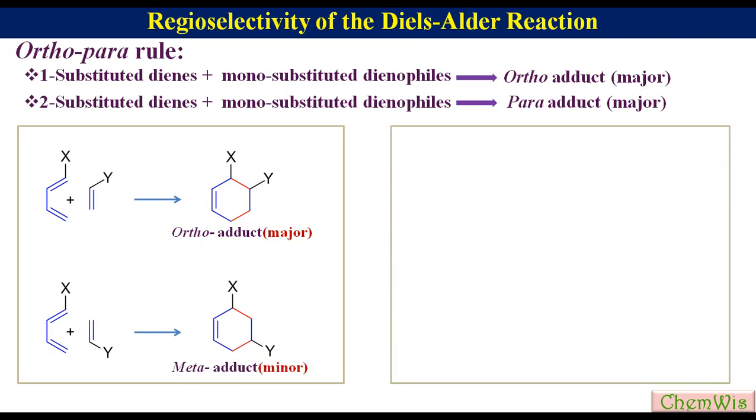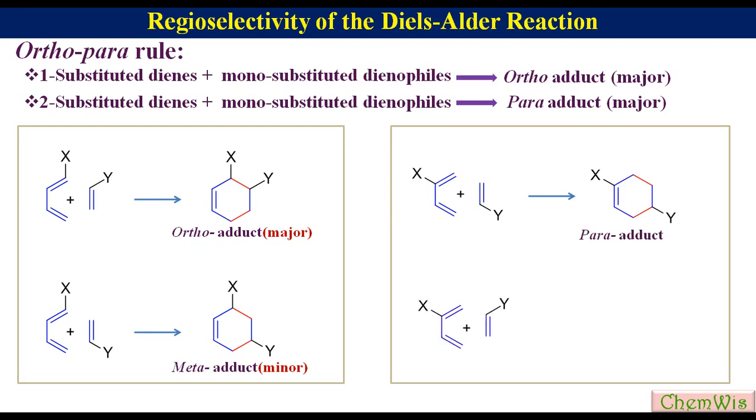Similarly, 2-substituted diene and monosubstituted dienophile can orient like this to form para adduct, or they can orient like this to give meta adduct.